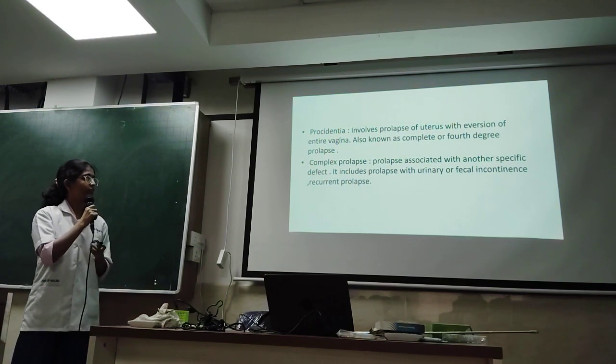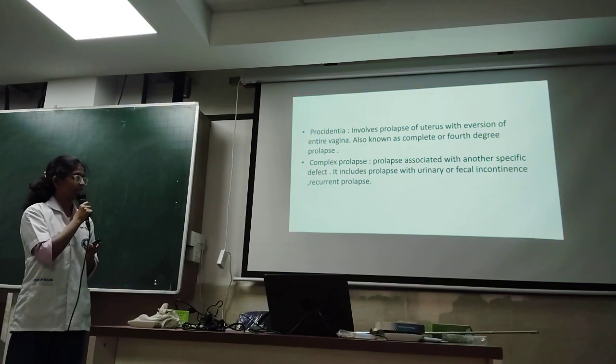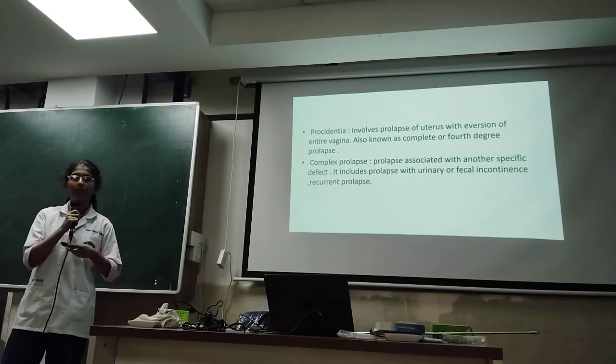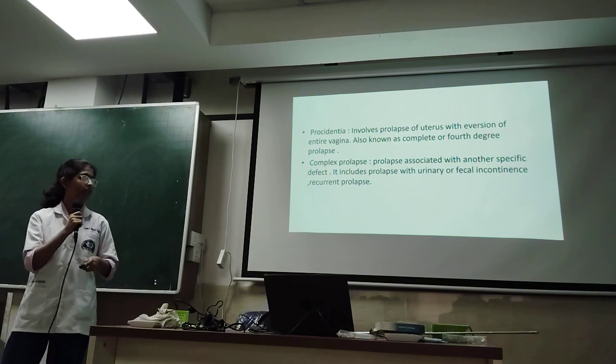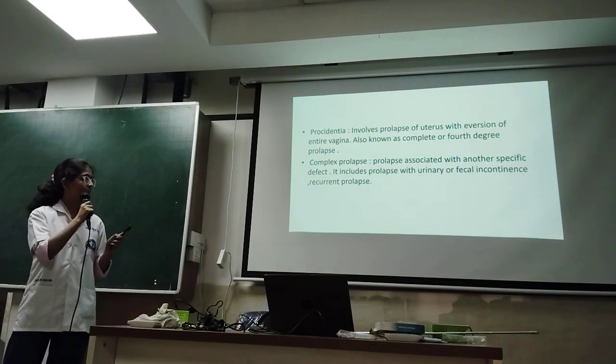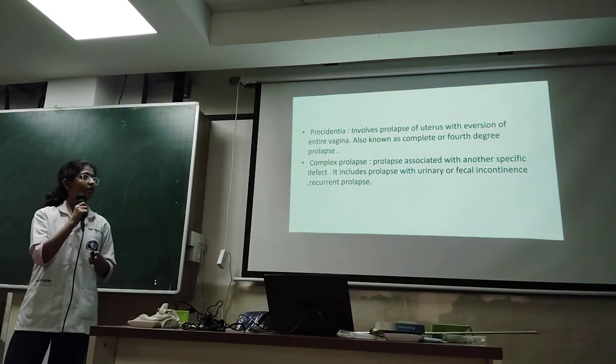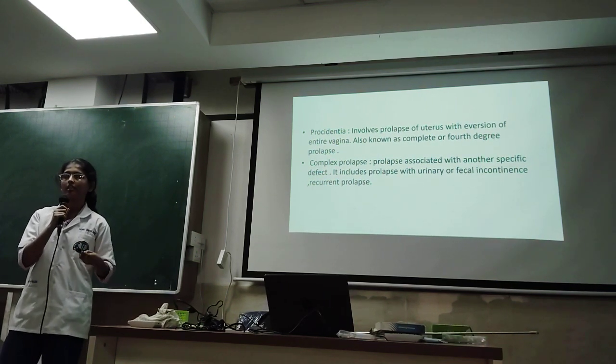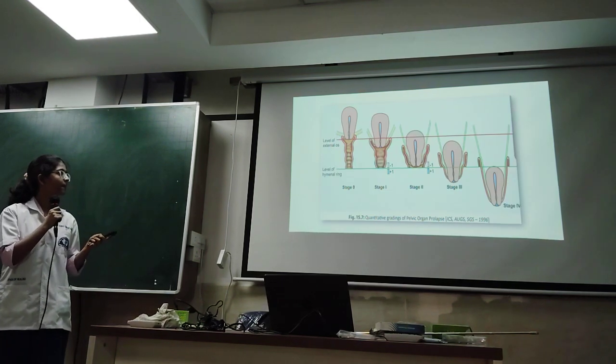It involves the prolapse of the uterus with eversion of the entire vagina. Complex prolapse is when the prolapse is associated with another specific type of defect, like fecal or urinary incontinence, or when there is recurrent prolapse.